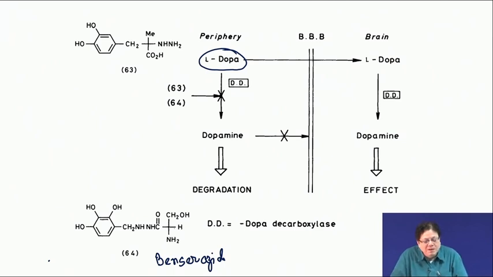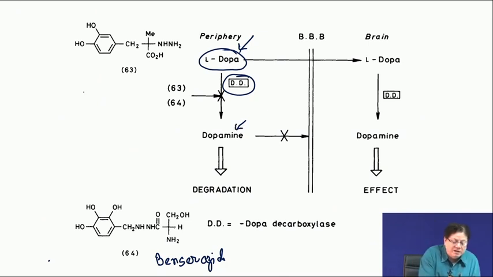But the problem is, L-DOPA is also an amino acid, and by the time it reaches near the blood brain barrier, there are decarboxylase enzymes which decarboxylate DOPA into dopamine before it has reached the brain cells.